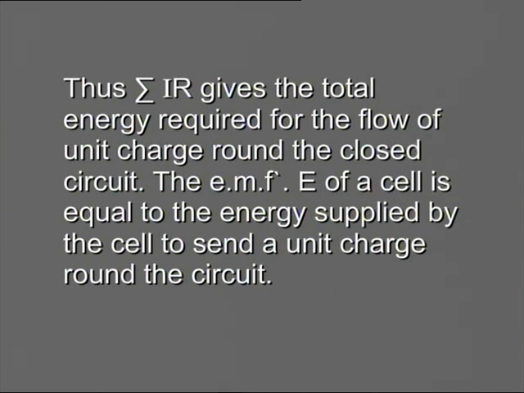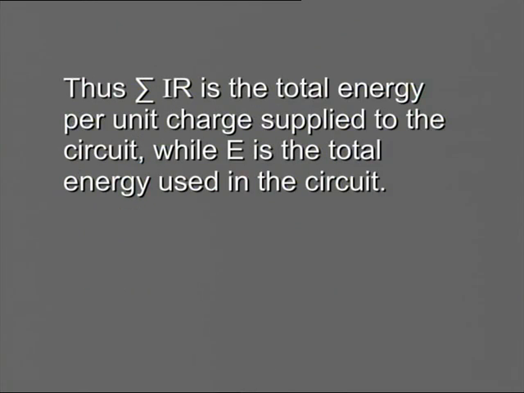The EMF, that is E, of a cell is equal to the energy supplied by the cell to send a unit charge around the circuit. Thus, summation of IR is the total energy per unit charge supplied to the circuit, while E is the total energy used in the circuit.